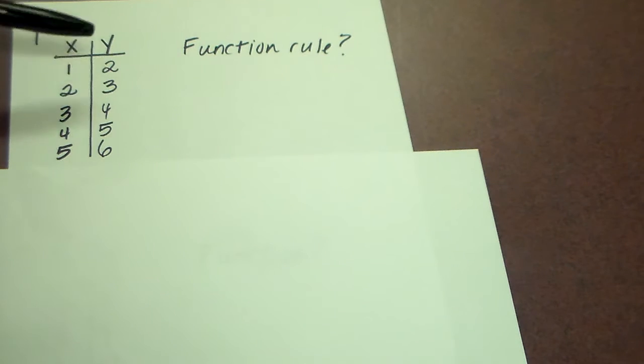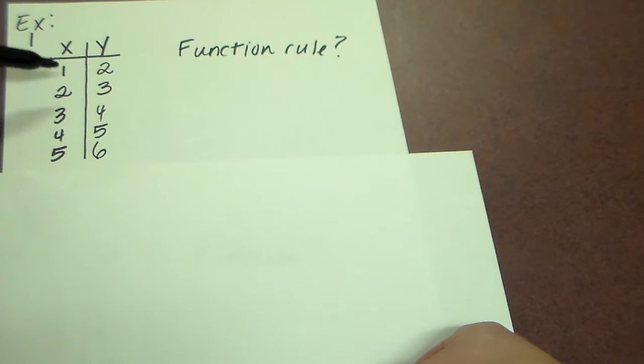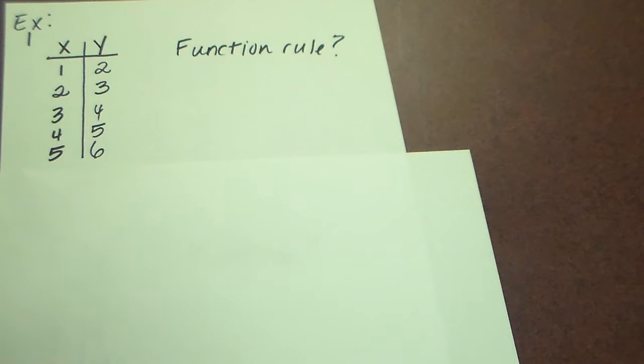I have a range or outputs 2, 3, 4, 5, 6, and from this I need to decide a function rule. So before, what we did was we found the slope, and then we used it to find the y-intercept. In this case, I don't have x equals 0, so I don't have a y value to match for the y-intercept, so I would actually have to calculate it. But we can also look at patterns to decide function rules.